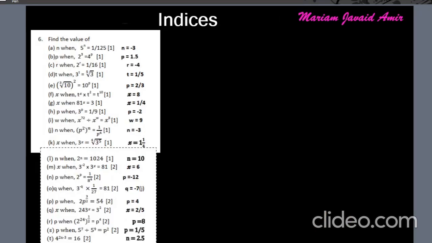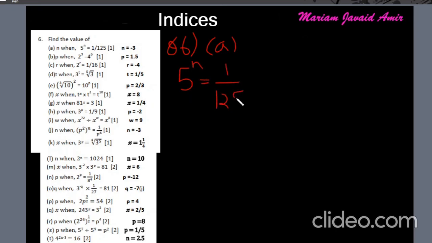Question number 6, last question of the worksheet, thank God. Question number 6, part A. 5 power n equals 1/125. We have to find the value of n. So 5 power n equals 1 over, I can write 5 cube instead of 125.